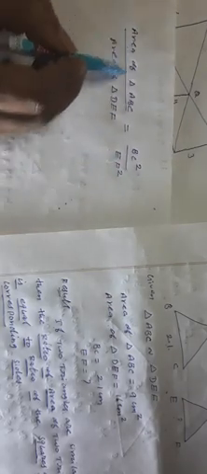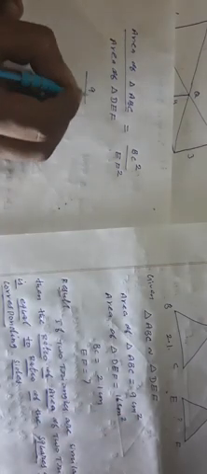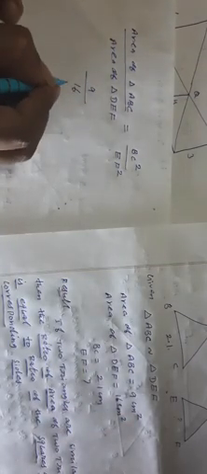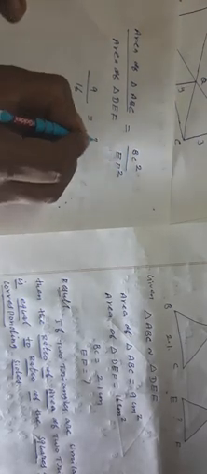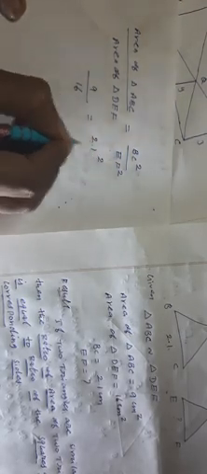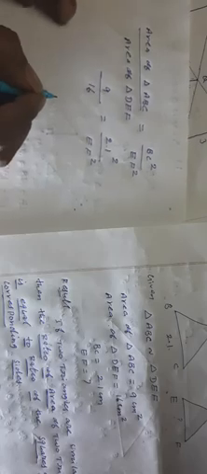Now the area of triangle ABC is equal to 9, so 9 by the area of triangle DEF, which is 16, is equal to BC, which is 2.1, squared, and EF is not given, so we take EF squared. Clear?